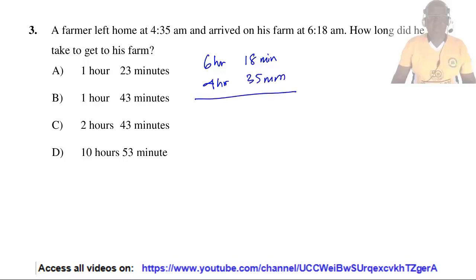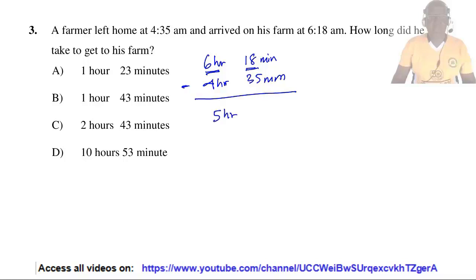Now, if we subtract 35 from 18, we shall get a negative. To work around this, we shall borrow 1 hour, which equals 60 minutes, and send it to this column. So, rewriting the above, 6 hours will become 5 hours.